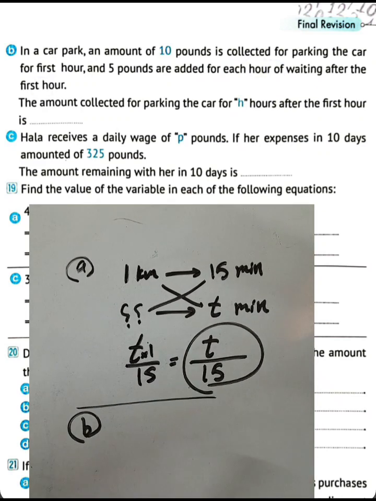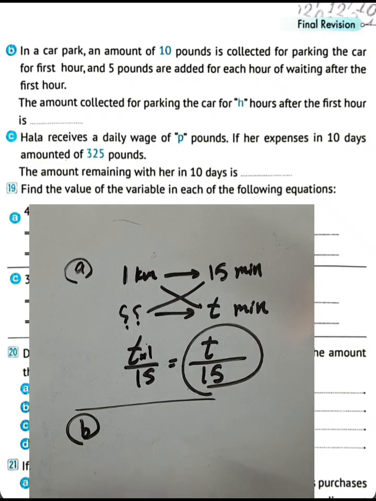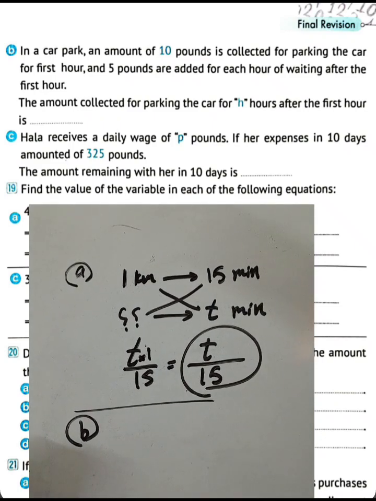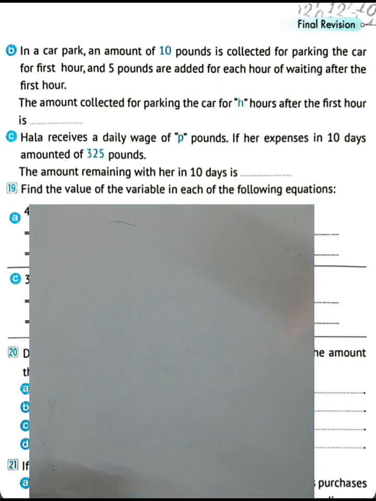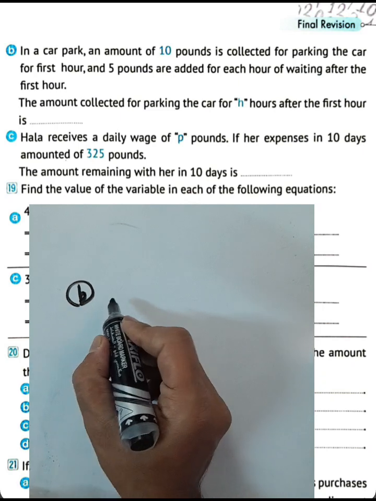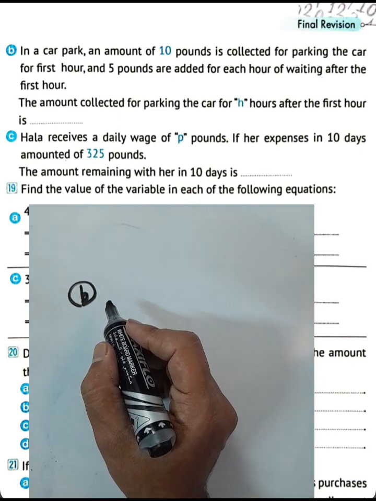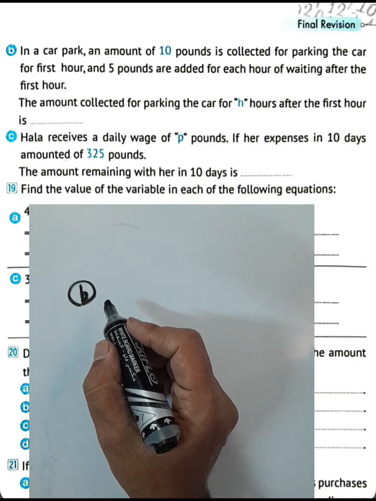The amount collected for parking the car for each hour after the first hour is what? Okay, we have the constants here, 10 and 5. The constant here is 10 pounds. Okay, 10 pounds is the constant, and in each hour we will add 5 pounds.